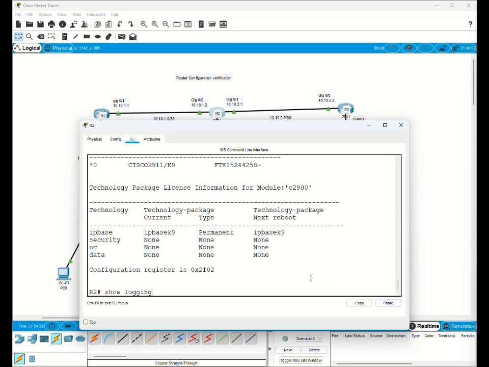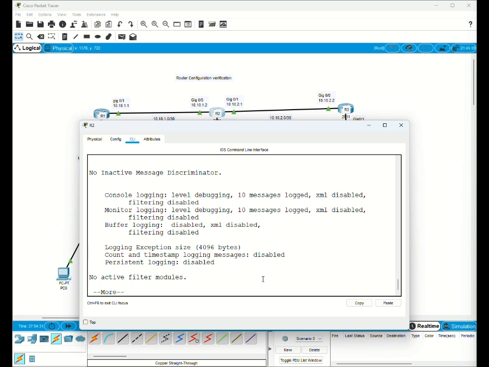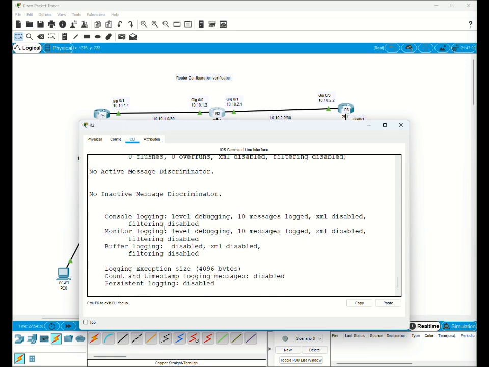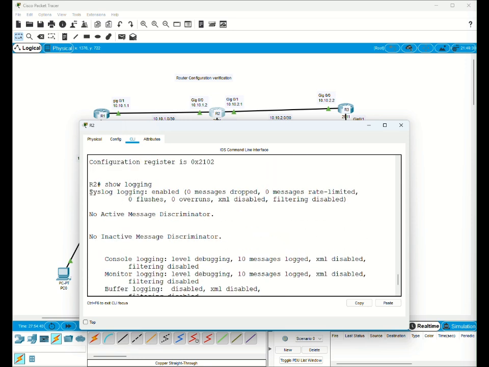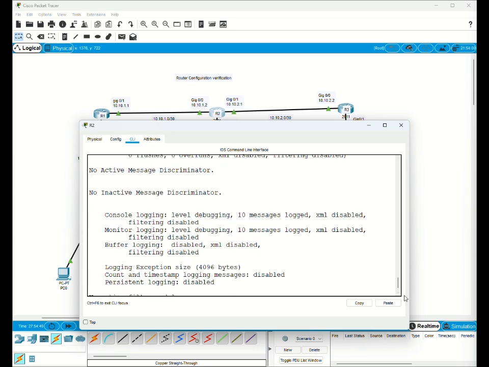And finally, not finally, but this is logging, information being logged into the syslog. You can see here syslog is enabled, so that information is logged somewhere for security.